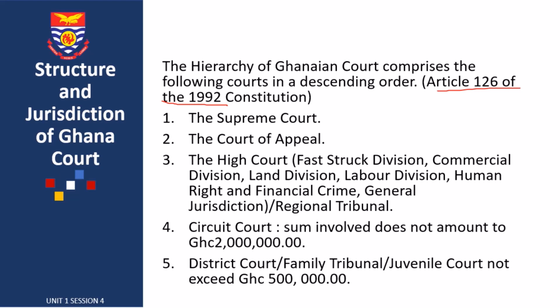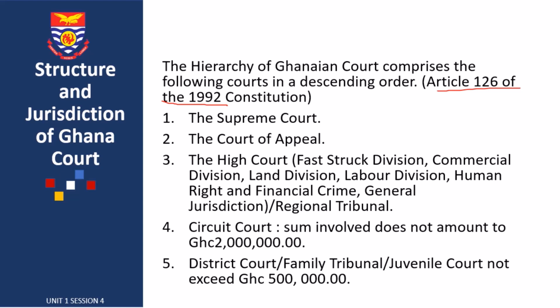Now you have the High Court. The High Court is the third court. It has jurisdiction in all matters, both criminal and civil. The High Court has jurisdiction to enforce fundamental human rights.